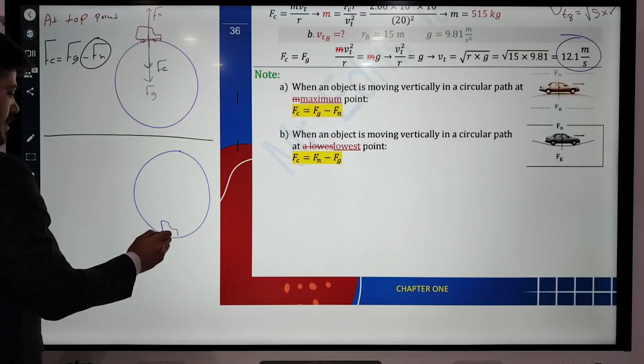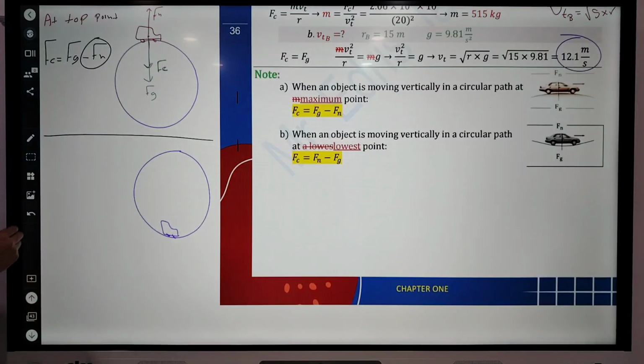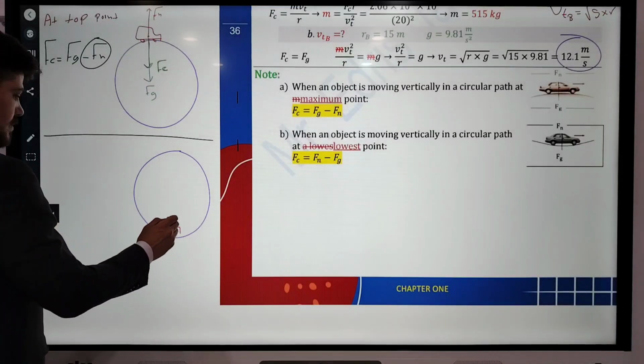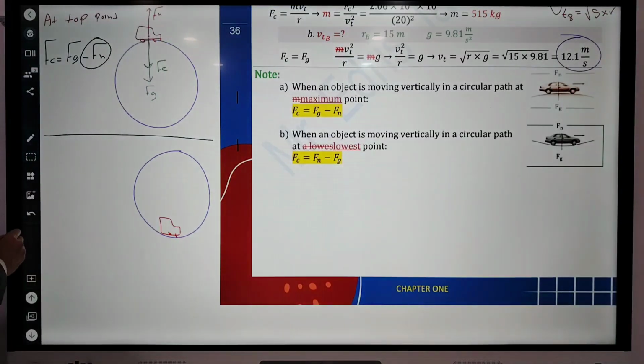for example, when a car is here, let me draw another figure.